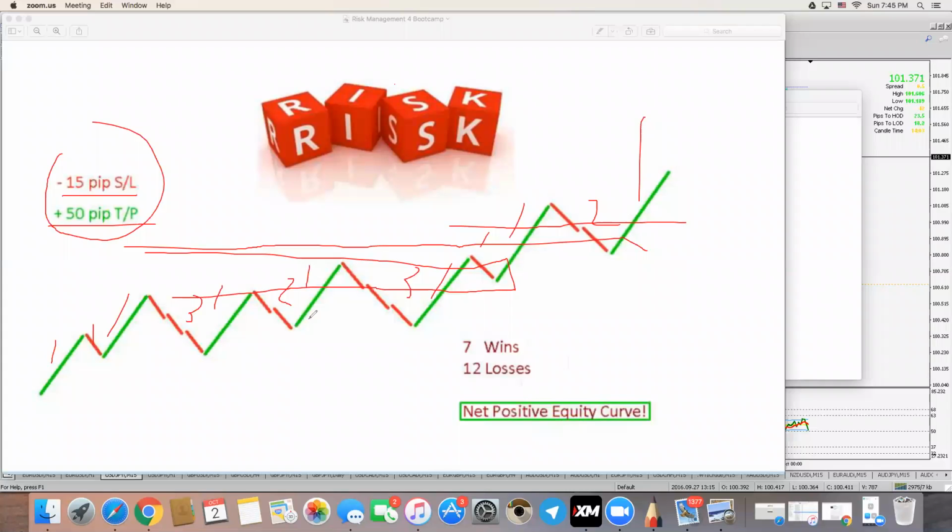Now here's the thing, guys. You see how you only have 7 wins, but you have more losses than wins? Like, what the hell? How is this possible? But here's the thing, guys. Numbers don't lie. The math here makes sense, right?